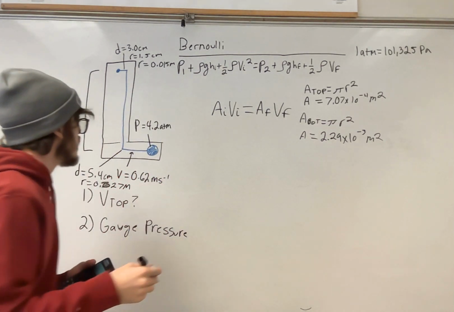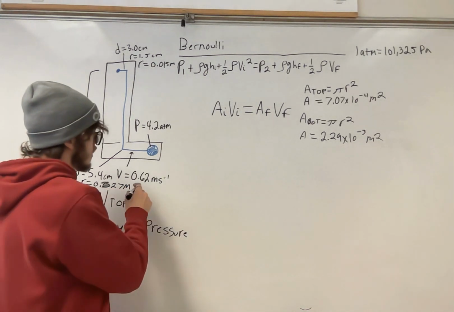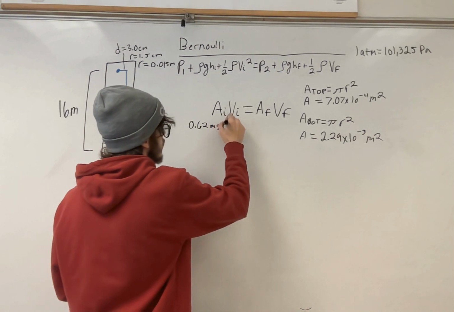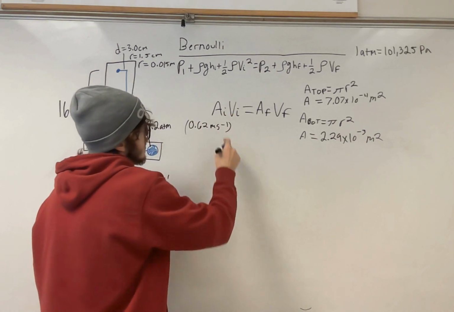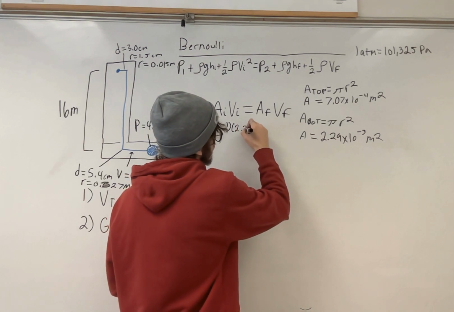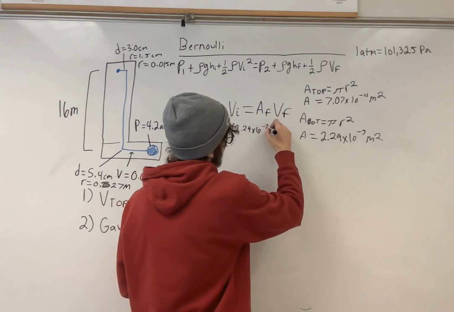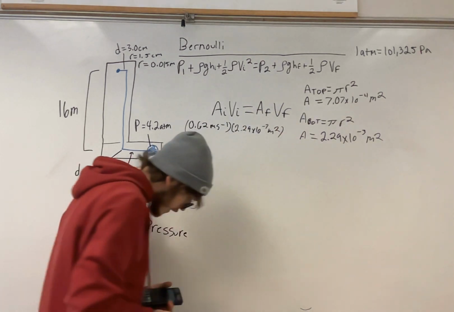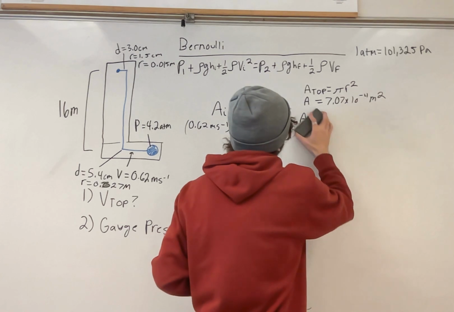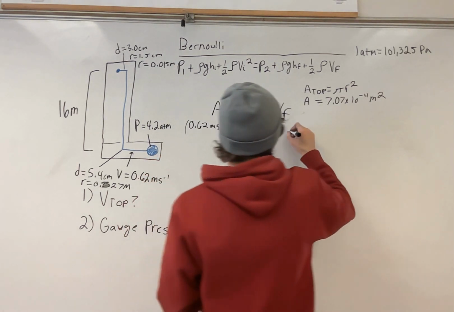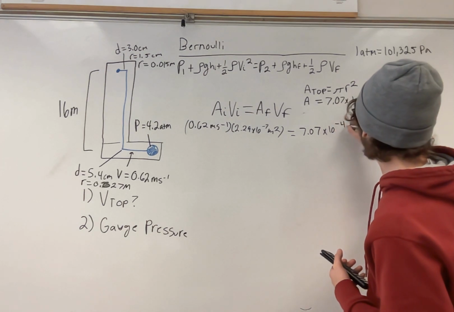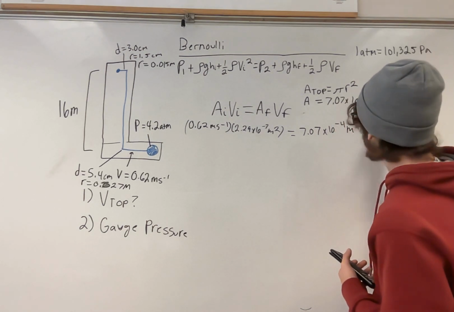So let's see. The initial velocity we're given is 0.62 meters per second. So we'll say 0.62 meters per second times the area initially, which is 2.29 times 10 to the negative 3 meters squared, is going to be equal to the area at the top, 7.07 times 10 to the negative 4th meters squared, times that final velocity.